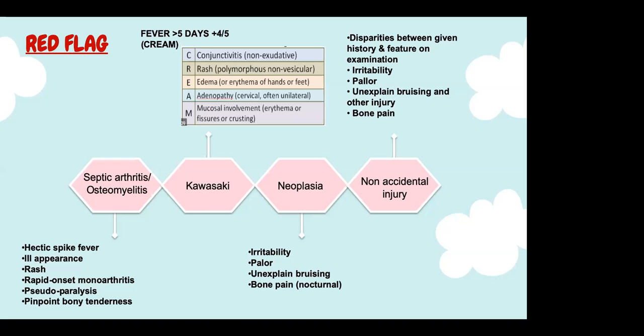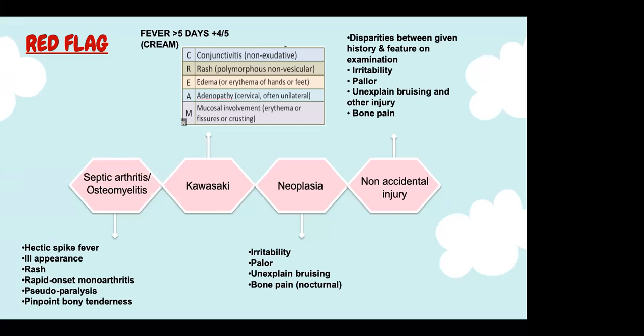The characteristics of septic arthritis and osteomyelitis will be further explained later on, and Kawasaki disease will be further explained by the presenter after me. Neoplasia usually presents with irritability, pallor, unexplained bruising, and bone pain, which is usually nocturnal.